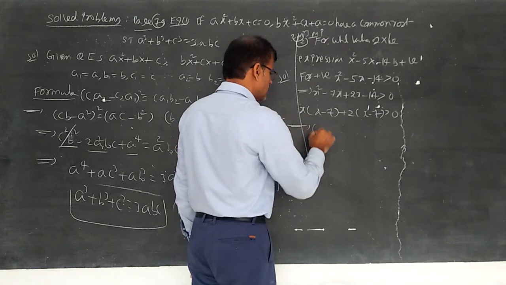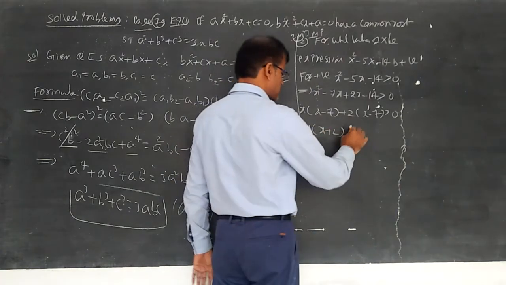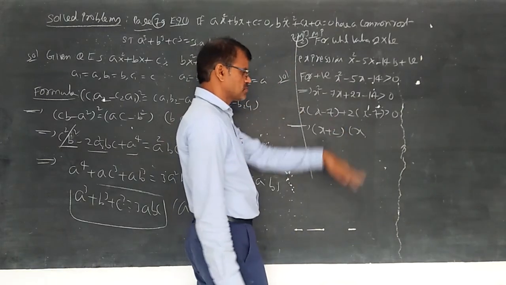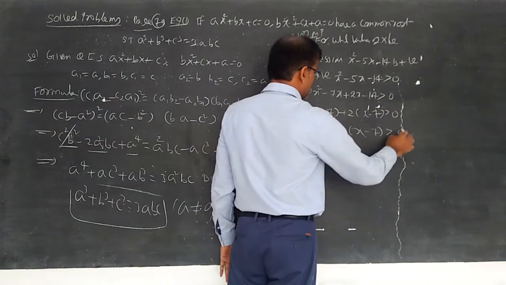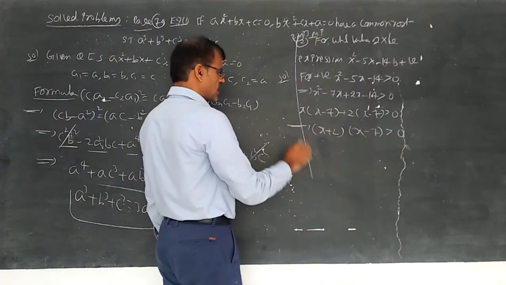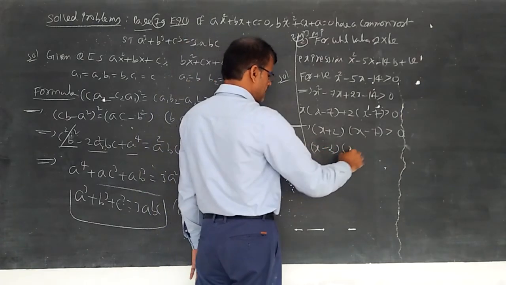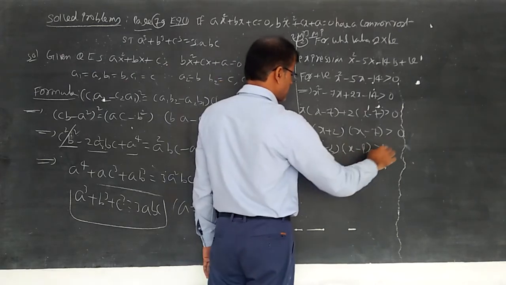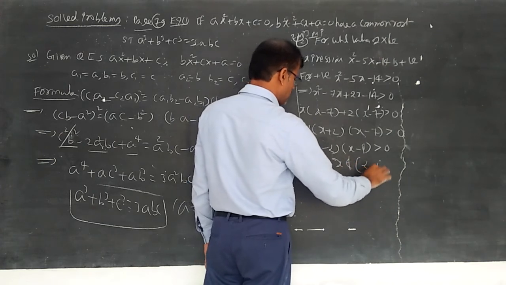That implies, for the interval, we know that the smaller value you should write first. Here plus 2 becomes minus 2 and minus 7 becomes plus 7. Minus 2 is smaller than plus 7. You can write (x plus 2)(x minus 7) greater than 0. This formula you understand: (x minus alpha)(x minus beta) greater than 0, x does not belong to the closed interval alpha comma beta.